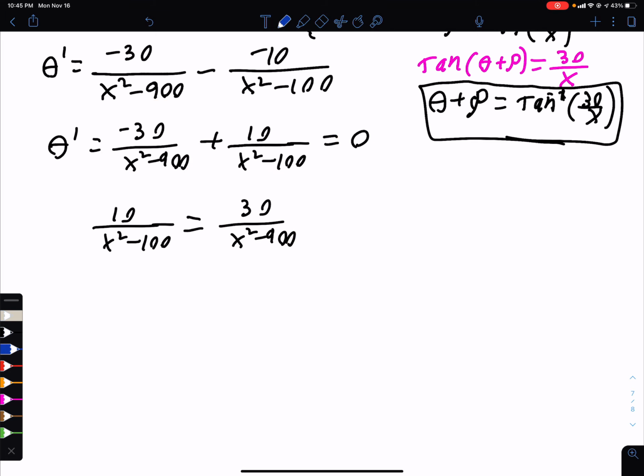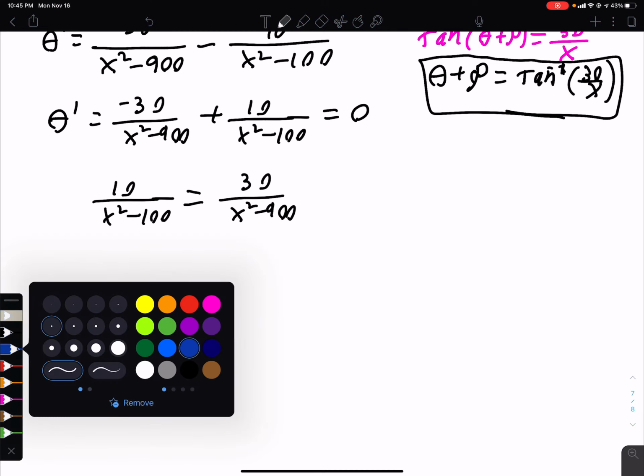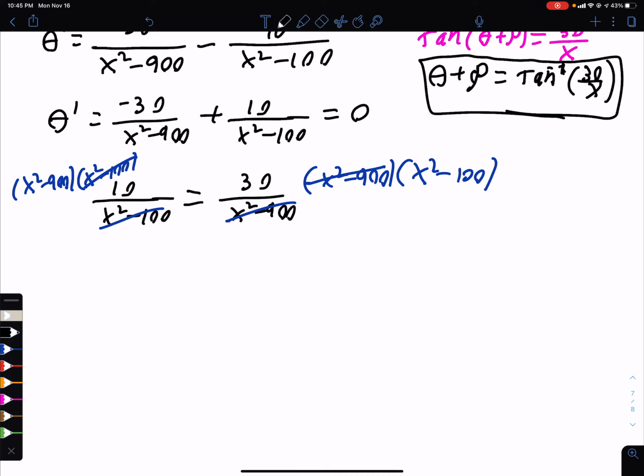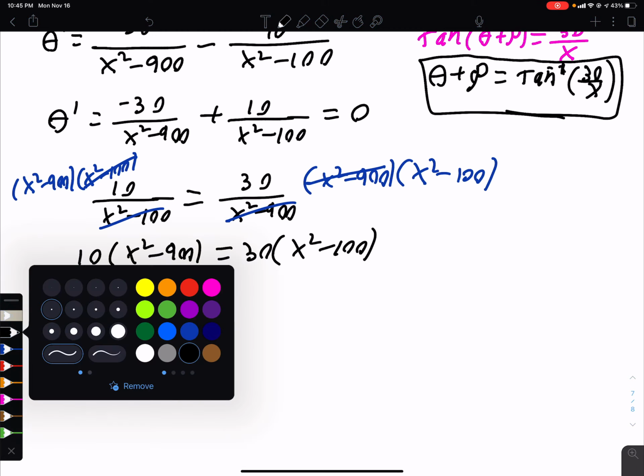Now I'm going to multiply both sides by the common denominator, x squared minus 900 and x squared minus 100 on both sides. Why would I do that? To get these to cancel and these to cancel, and you get 10 x squared minus 900, 30 x squared minus 100. A lot of algebra.